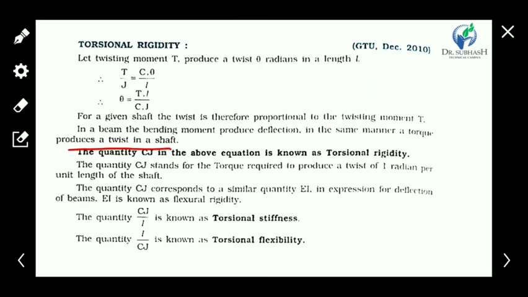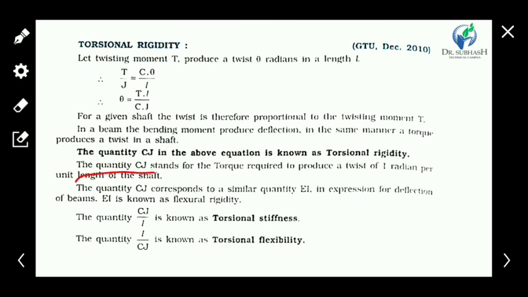If we compare the shaft with the beam, the bending moment produces the deflection in the beam, and in a similar way in the shaft the torque generates the twisting. We already know that the quantity CJ, that is C into J in the above equation, is known as the torsional rigidity.